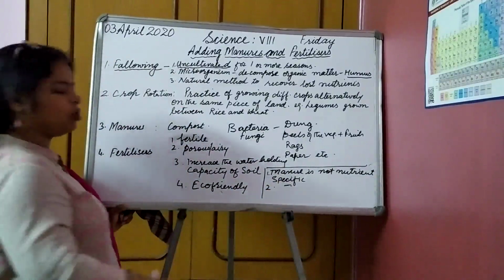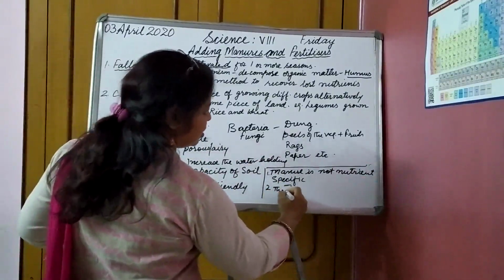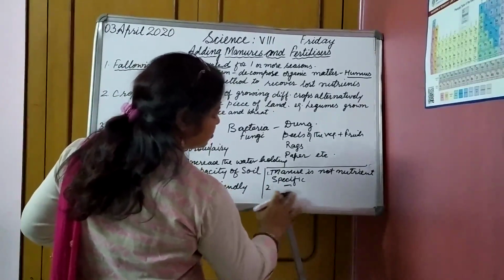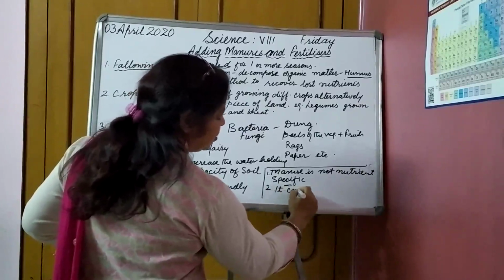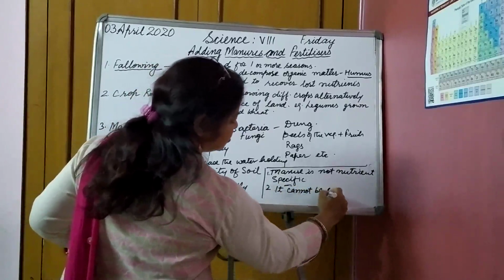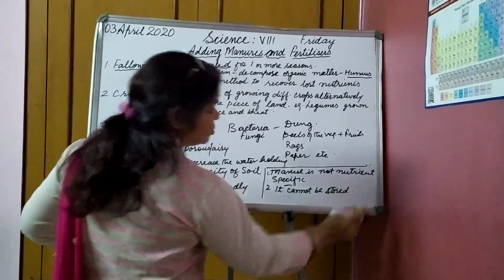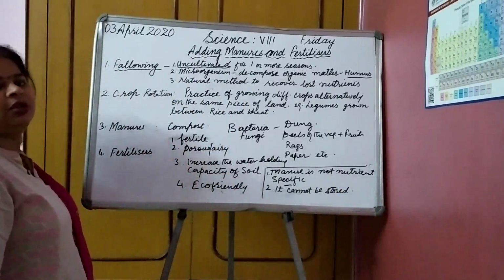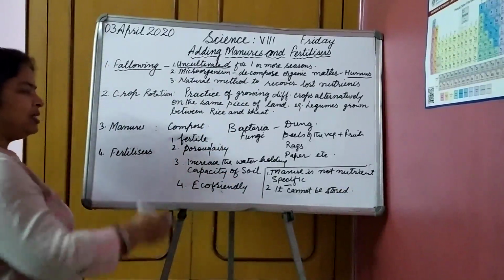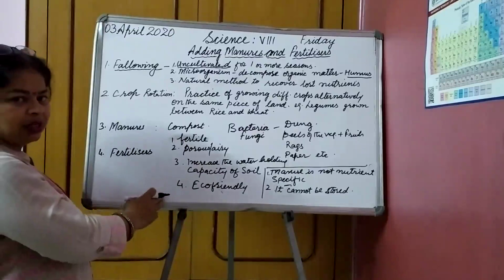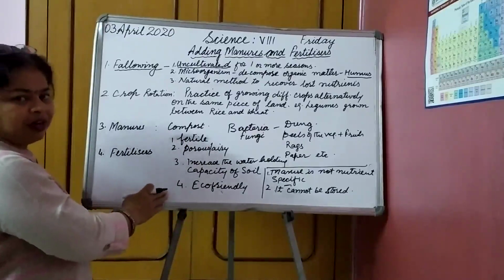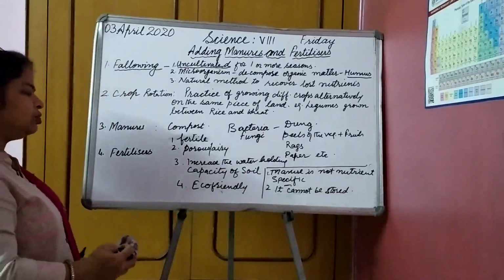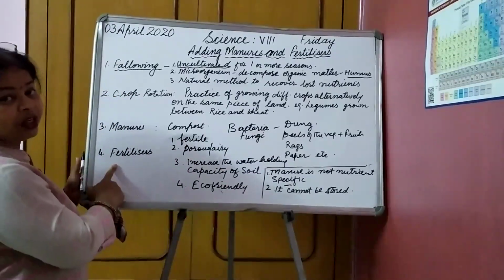Their storage is also a problem. It cannot be stored because it is stinking. It is releasing foul smell. So the 4 things that we discussed are the good qualities or advantages, and these are the 2 disadvantages. Okay. Now let us come to the next thing, that is fertilizer.